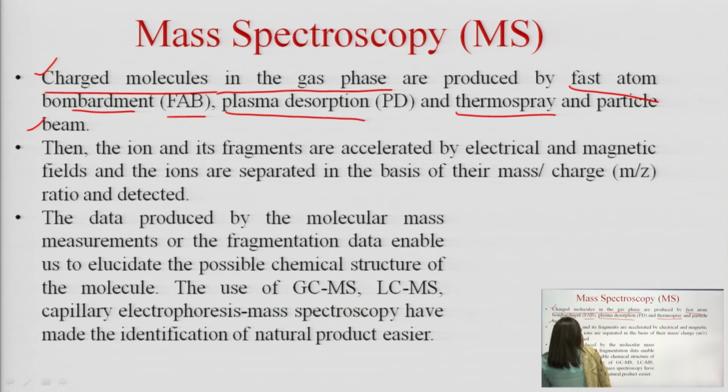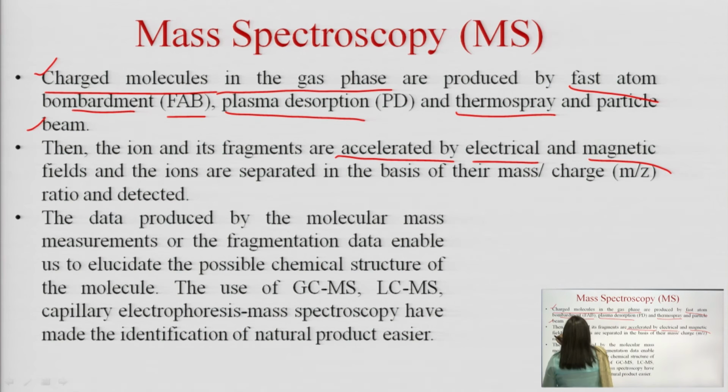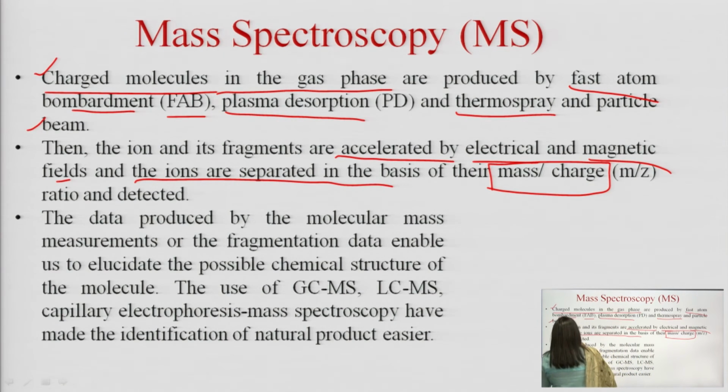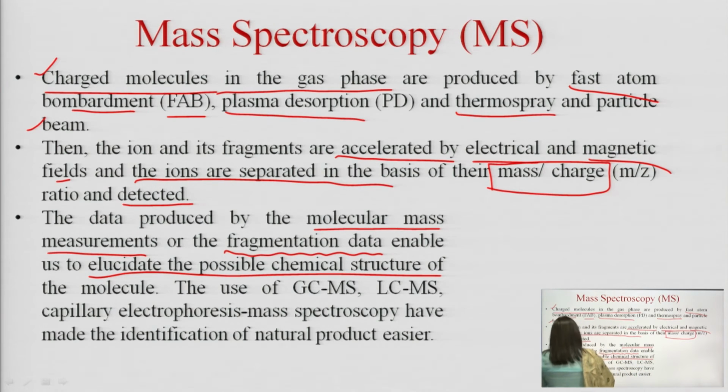So, next the ion and its fragments are accelerated by electrical or magnetic fields, and the ions are separated on the basis of their charge by mass ratio and are detected. The data produced by the molecular mass measurements or the fragmentation data enables us to elucidate the possible chemical structure of the molecule.